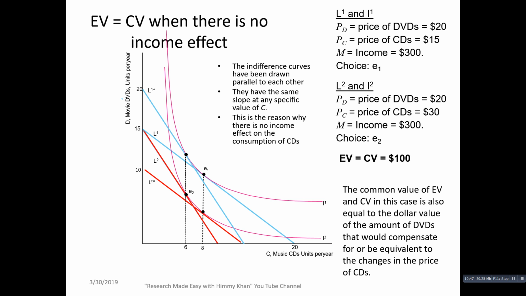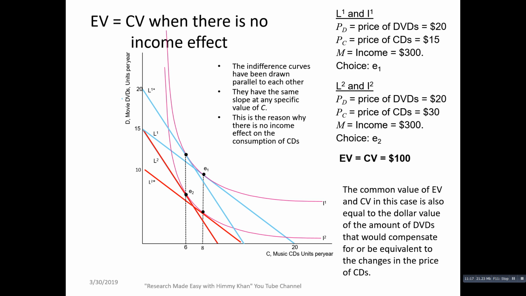If you use the compensating variation, then L1 star is the budget line, but the consumer is still purchasing 6 units. And if we use equivalent variation, then L2 star is the budget line, and in both cases the change in the quantity of CD is 8 minus 6, that is minus 2, and the income effect is 0.